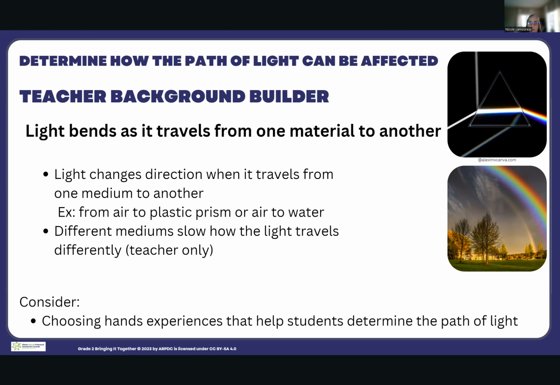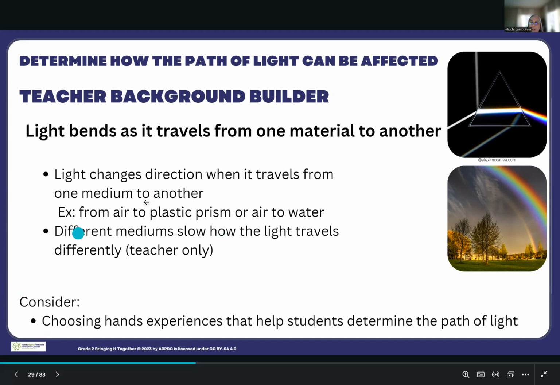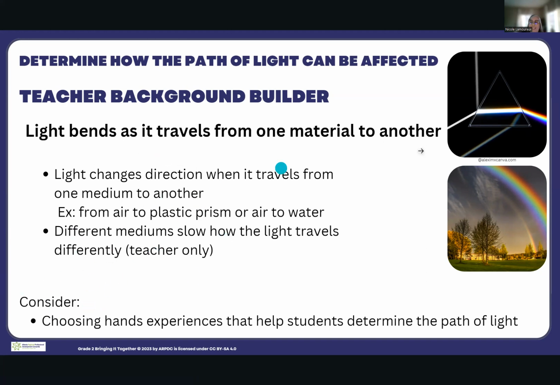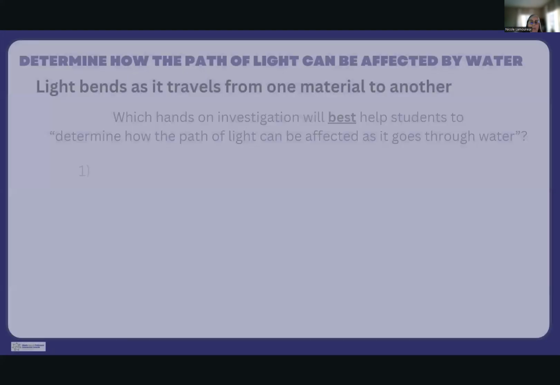Usually it just goes in a straight line. So what students need, they don't need to know all of that, but what they do need to do is see the path of light and see that it's changing direction, as you can see up in this particular prism. So lots of hands-on experience for them to manipulate and see the changes with a prism or with water in a mirror. And we'll go through that as well.